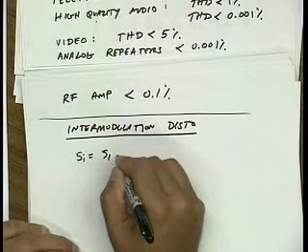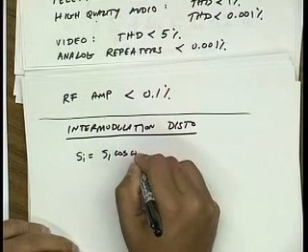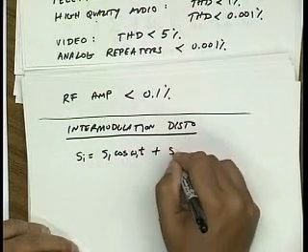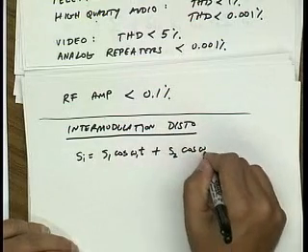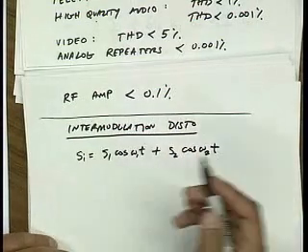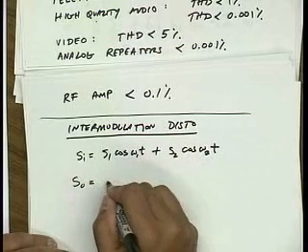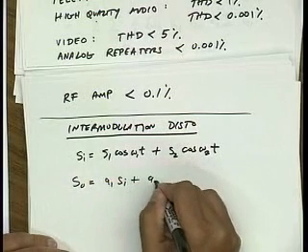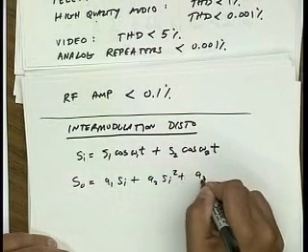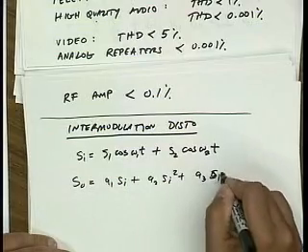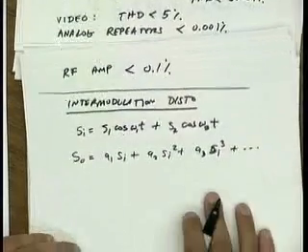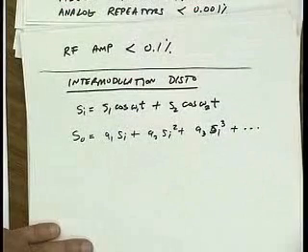Let's say I put in 2 tones. This is a so-called 2-tone test. Now, same formula applies. I have a power series. And I'm going to look to see what each term does.